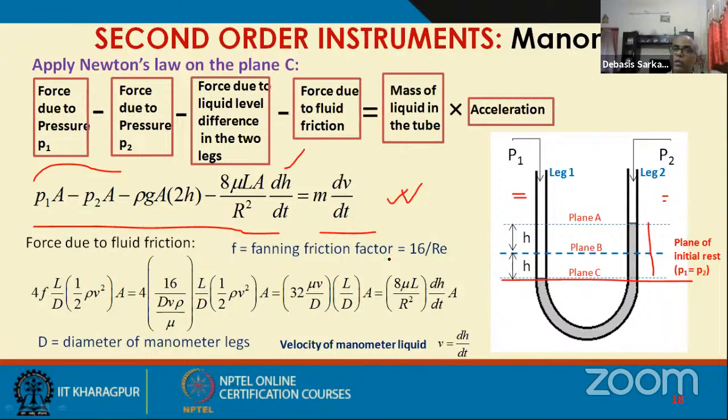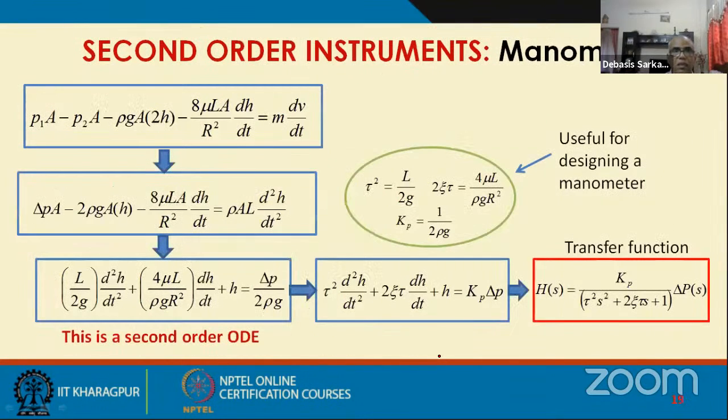All this will be equal to mass of this liquid, that means mass of this mercury in the column, multiplied by acceleration. So after identifying all the terms, please go through the lecture slide. You will have this equation.